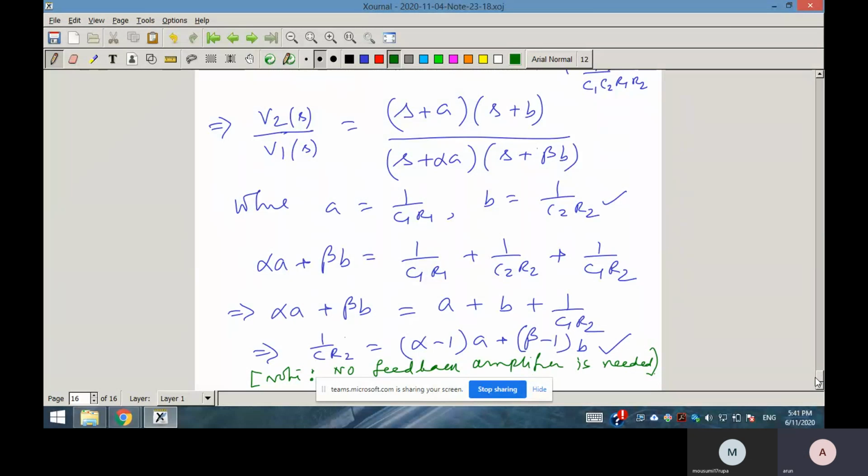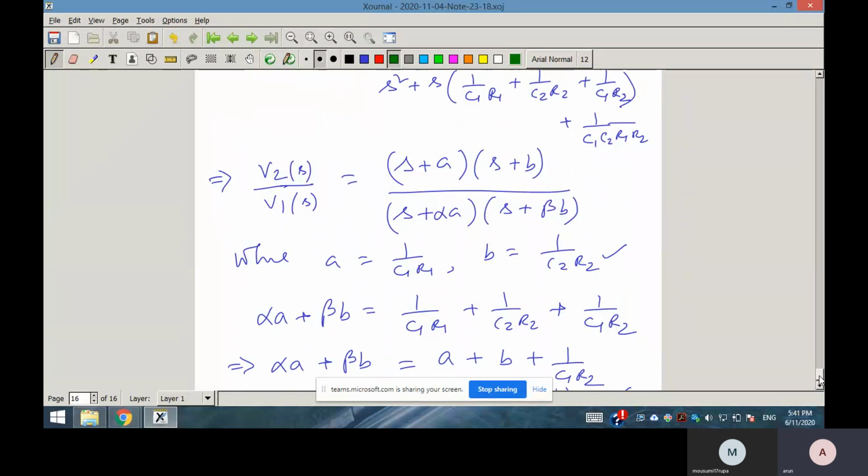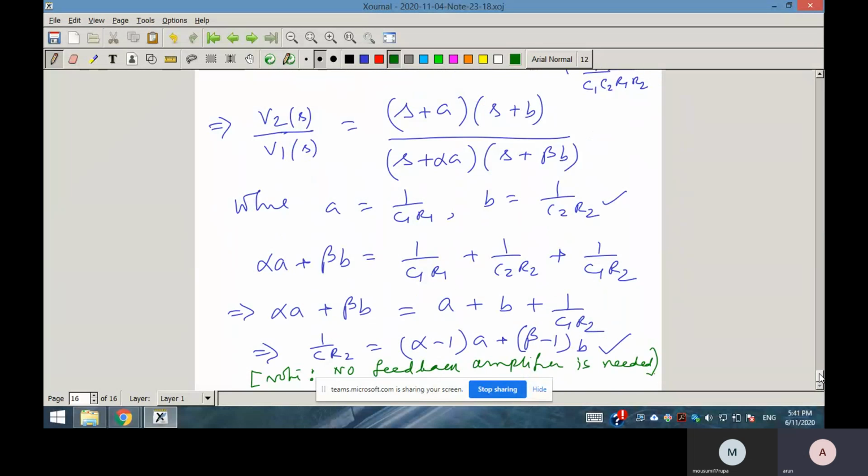So I will wind up now. After this, two days after this class, in the next class I will continue. In the next class I will consider one example where only the specification of steady state error tolerance, phase margin and gain crossover frequency is given, and we have to design a lag, lead or lag lead controller.